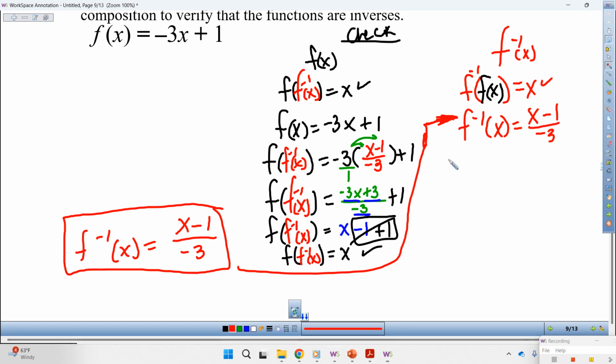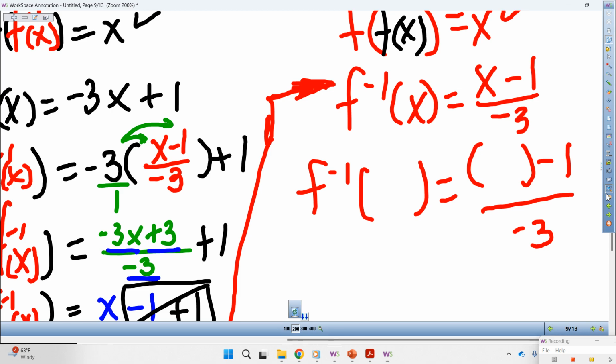And then f inverse parentheses minus 1 over negative 3. All right, let me zoom in, and Enrique is going to pass it to someone so they can tell us what to do from there.